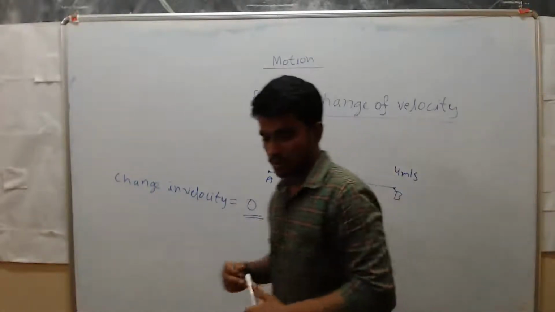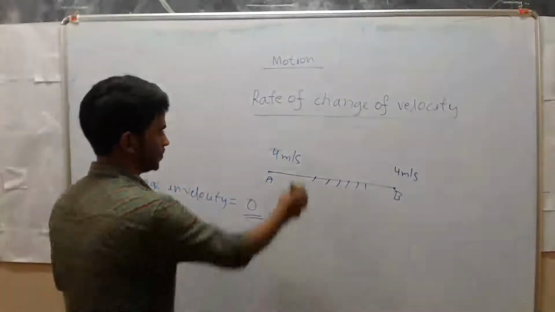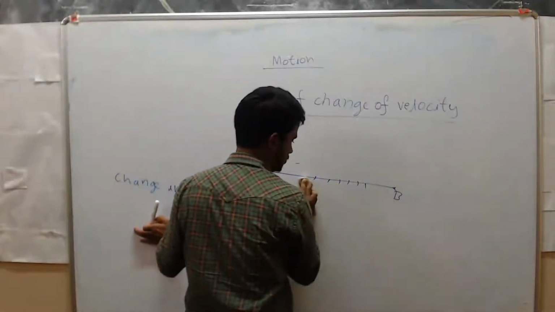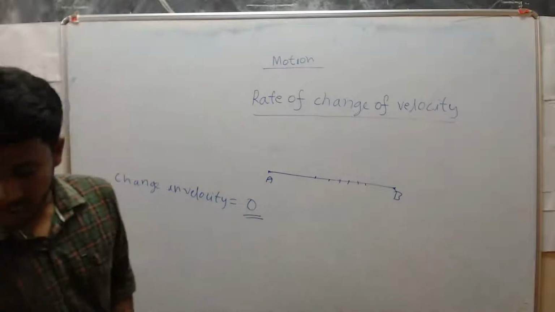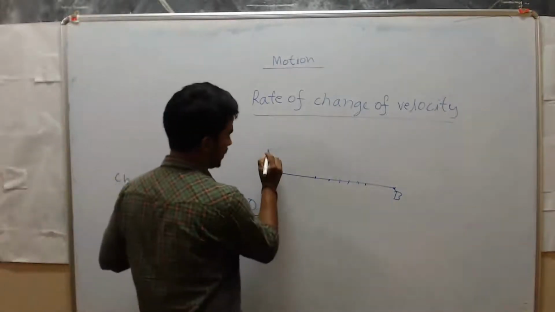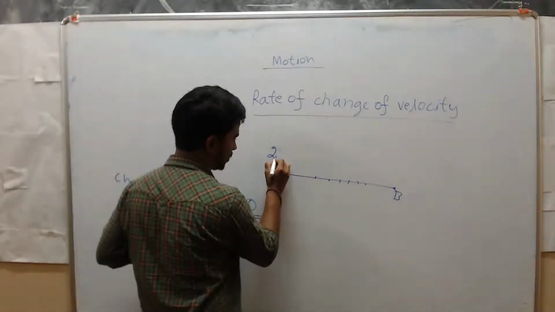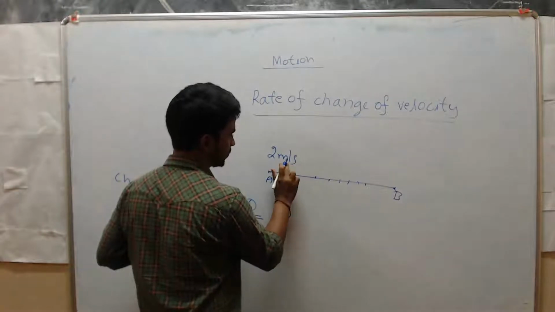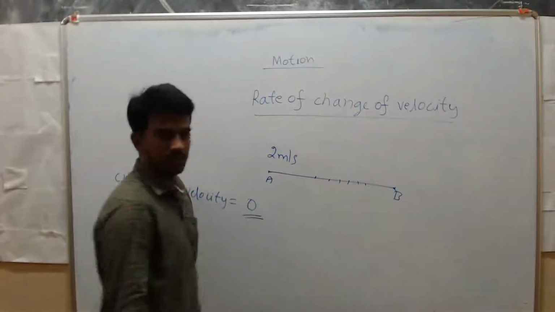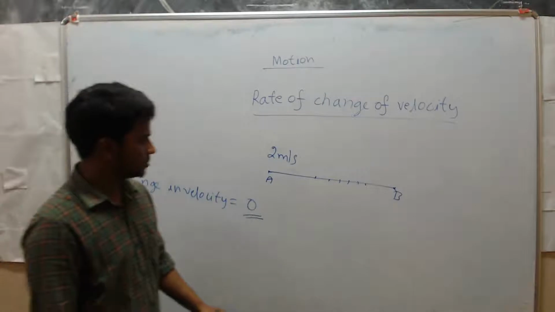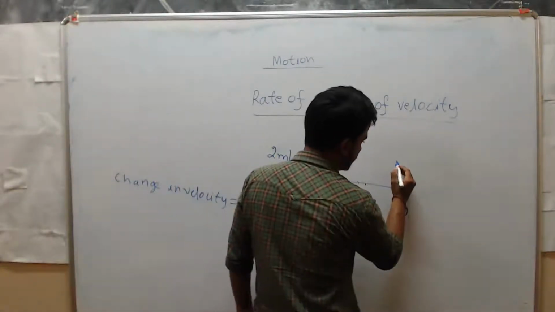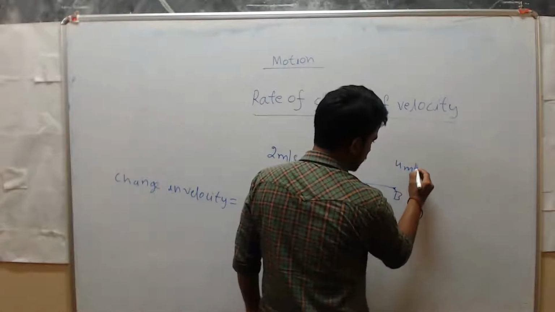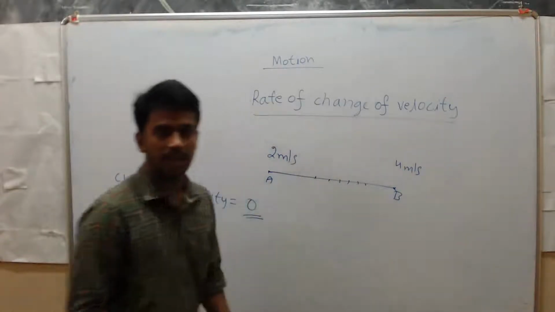Now take one more example. One object is traveling from A to B. At point A, say its velocity is 2 meter per second. Now at point B, its velocity is 4 meter per second.